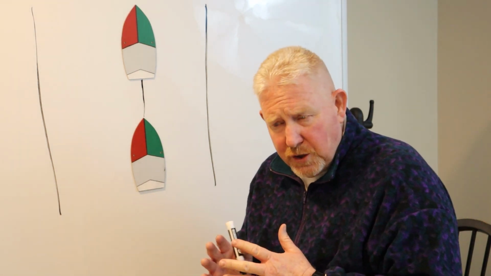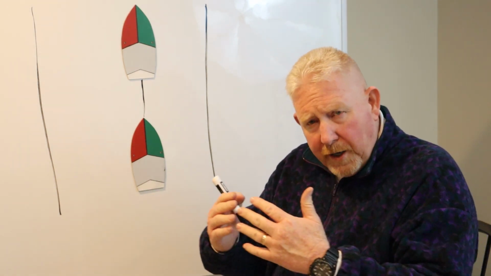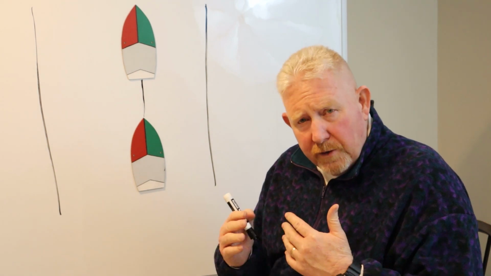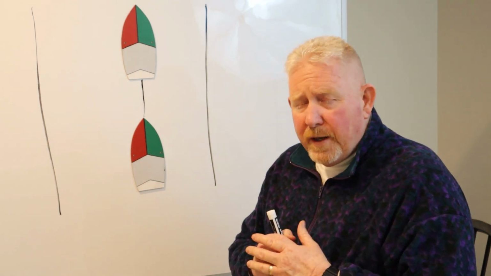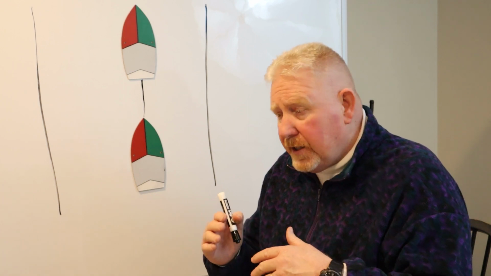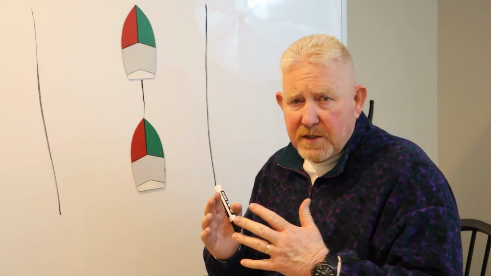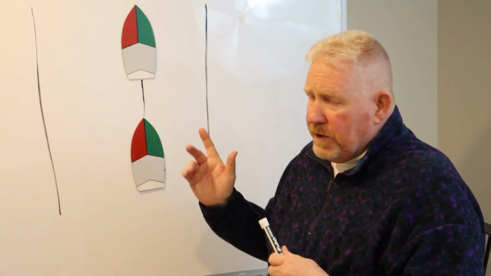It doesn't respond well. The boat doesn't turn like it should. You need to get some water going past that rudder in order for it to respond. So if you're in a 2 or 3 knot current, you need to be going 4 or 5 knots to have that efficiency. Well, this is what happened with the tug.